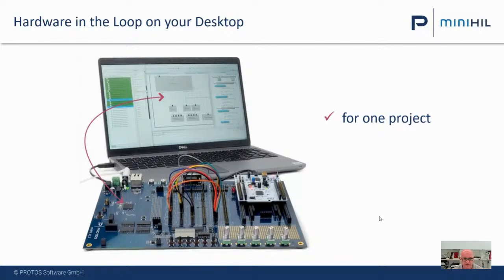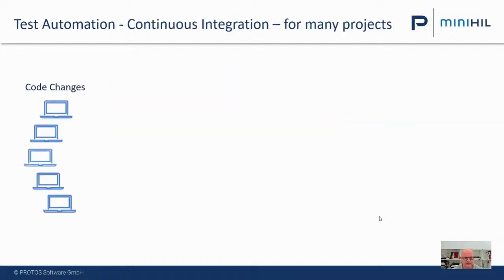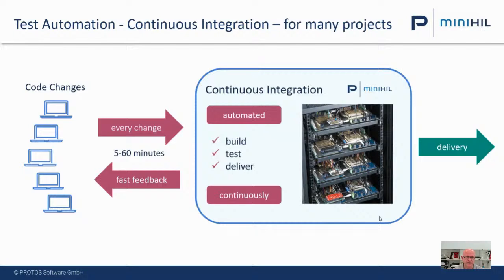But if your teams get bigger or distributed all over the planet, or if you have bigger projects, more projects, continuous integration might be a good option. So every code change triggers the build of your embedded system and the test on the mini-hill board. So for example, in this case, we have 8 different mini-hill projects in one rack.